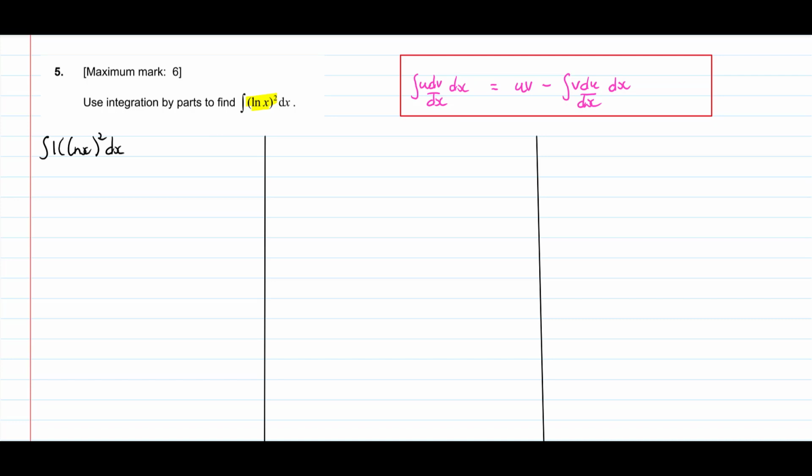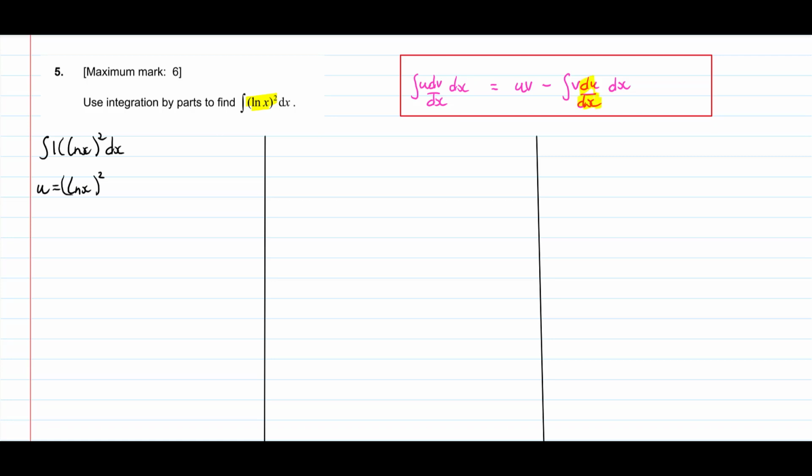Okay, so the next part is we want to choose what is going to be our u and what is going to be our dv by dx. So I'm going to take u as equal to (ln x) squared, and the reason is, well, one, we can easily take the derivative of this to get our du by dx.